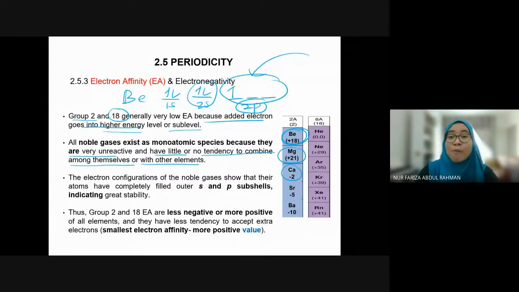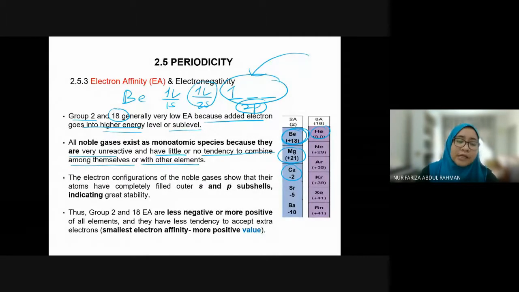The reason elements combine with one another is again to achieve stability. They can either remove electrons, accept electrons, or combine in order to achieve stability. So if these noble gases have already achieved stability by being monoatomic, meaning a single atom, why do we need to combine?